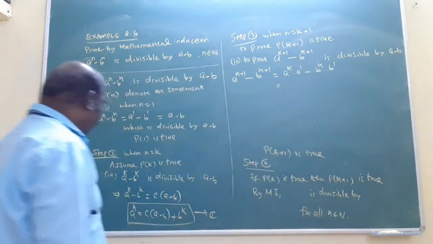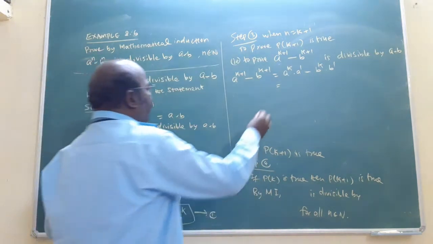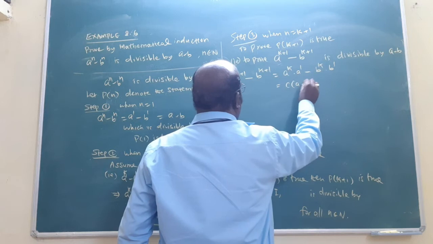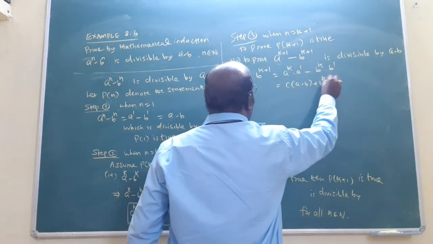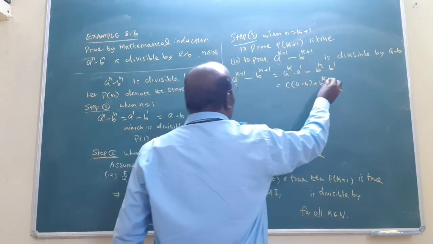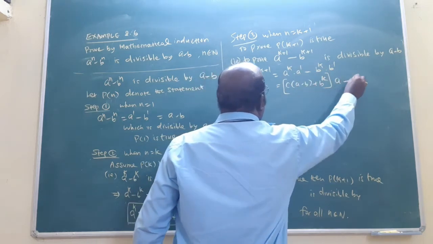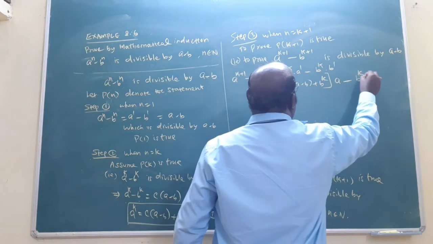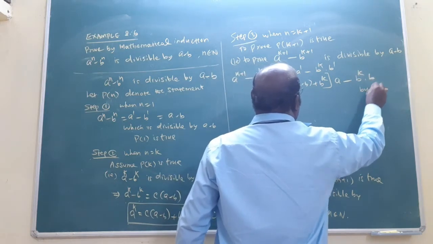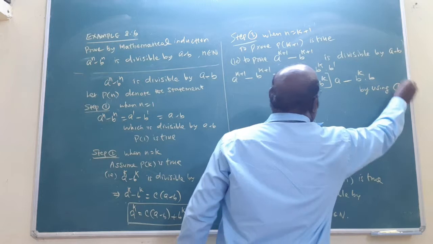The a power k we already found: c into a minus b plus b power k. Instead of a power k, use this, close the bracket, into a power 1, which is only a. The other term stays the same, no change, by using step 1. Am I correct?